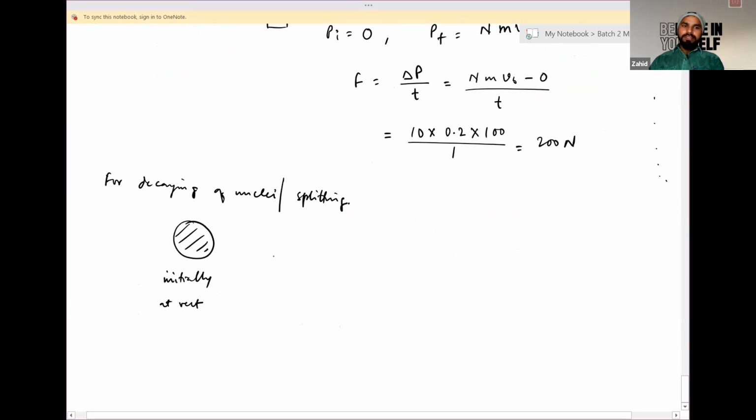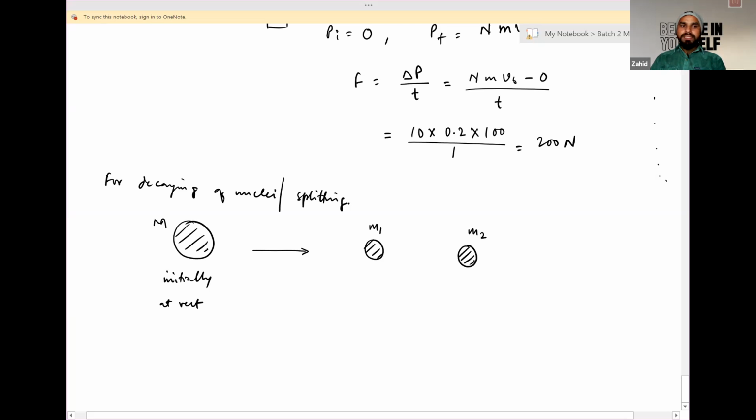So due to internal effect or internal energy, it will split up into two different fragments. Now, initial mass of this nuclei is m. So this will be divided into two parts, M1 and M2.